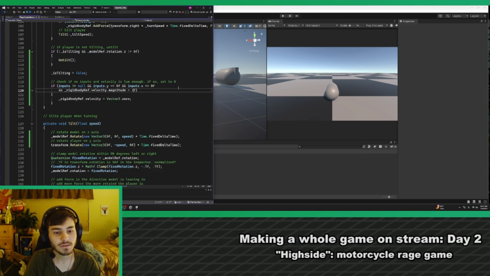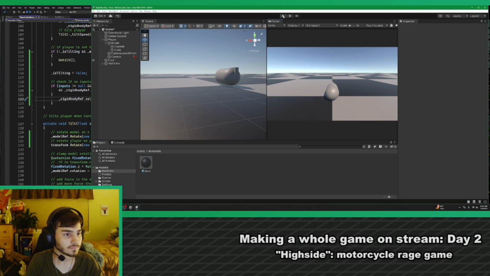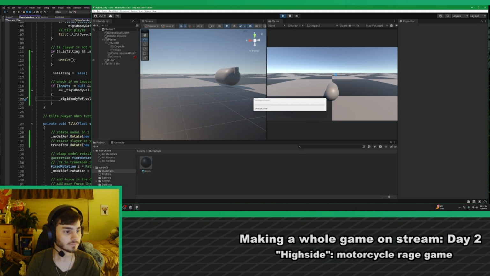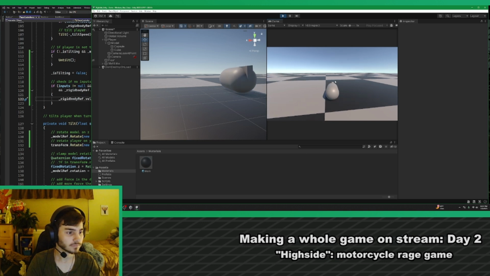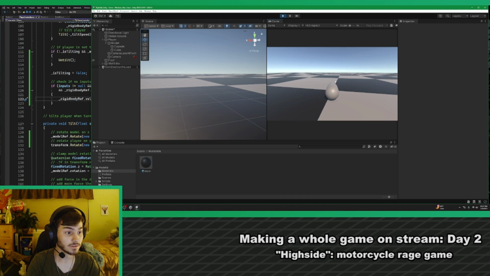So then let's do dot magnitude 0.5f, because that felt like it was coming out a bit fast. That's pretty good.